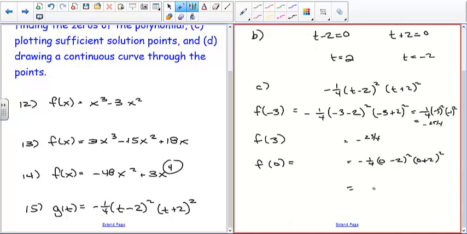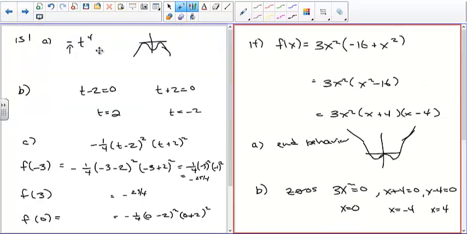So we get -1/4. (-2) squared is 4, and 2 squared is 4. That cancels out with the 1/4, so you get -4. So that's where the function intersects the y-axis.